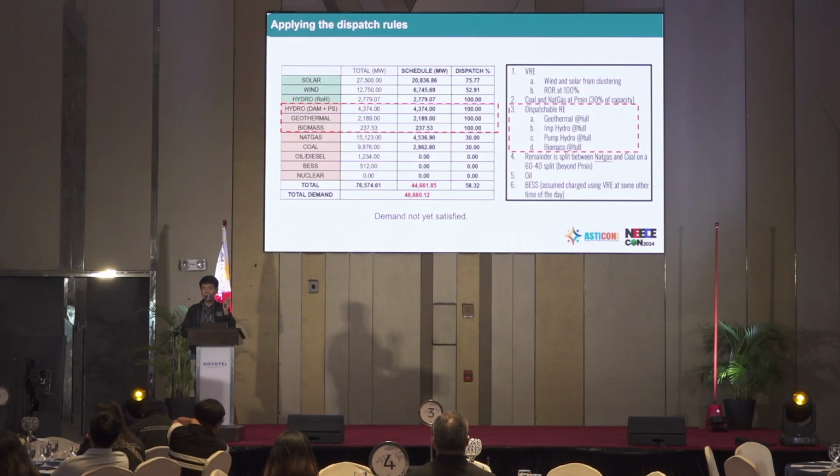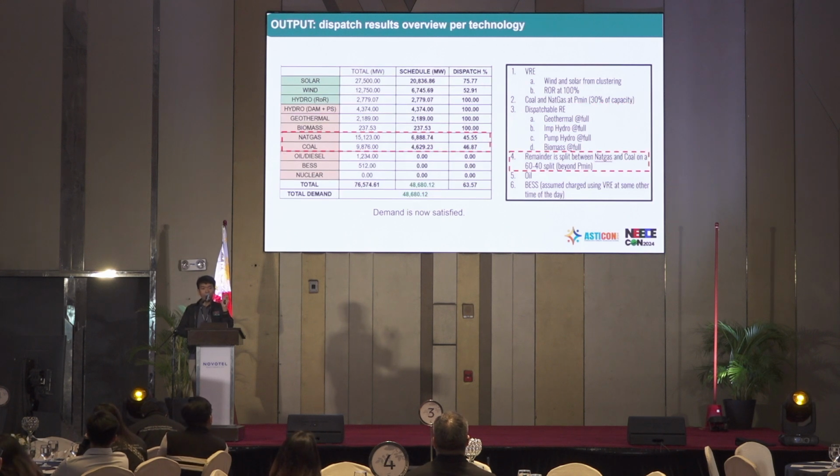So we proceed farther down the table, with the geothermal, hydro, and biomass. It's still not enough until we reach level 4, in which we try to complete the demand using our coal and natural gas plants. We stop at level 4. We no longer have to dispatch oil and battery because we already satisfied the demand.